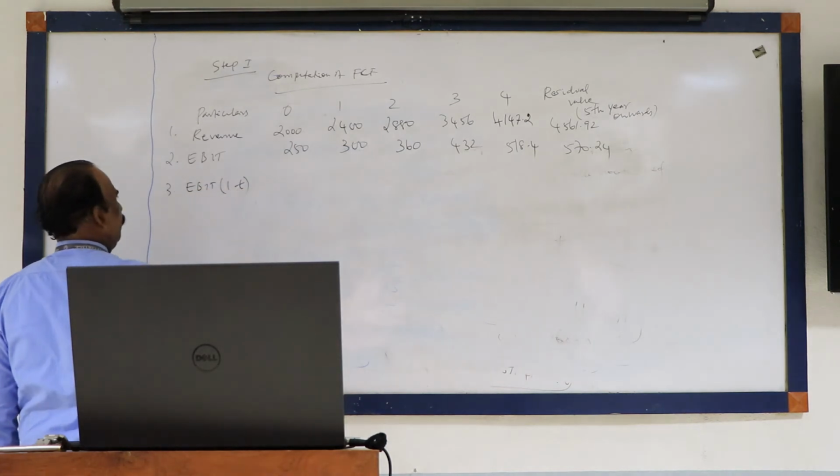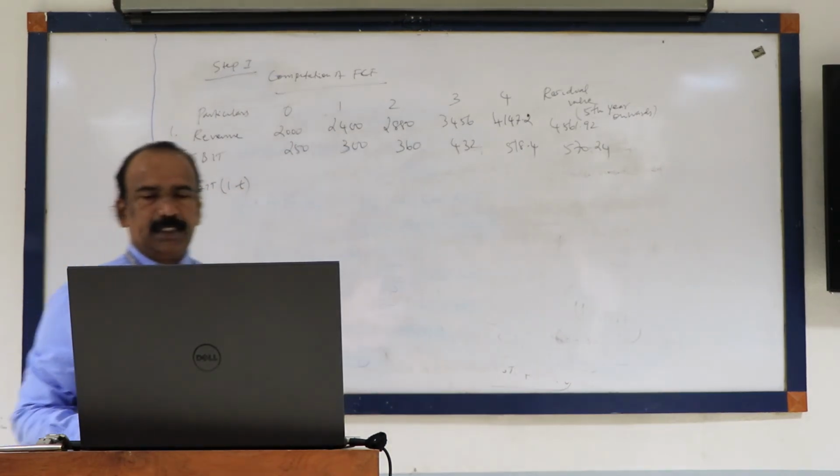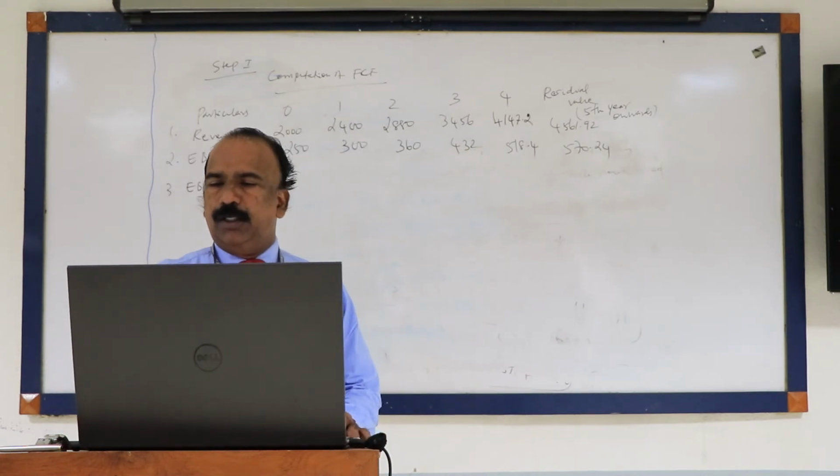Then the third one, EBIT into 1 minus T, that is 250 into 0.65.